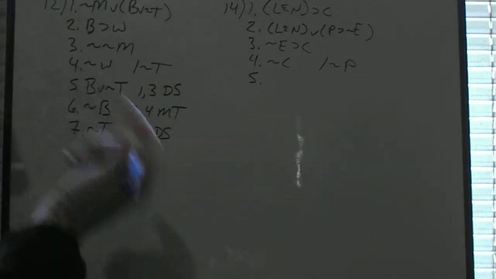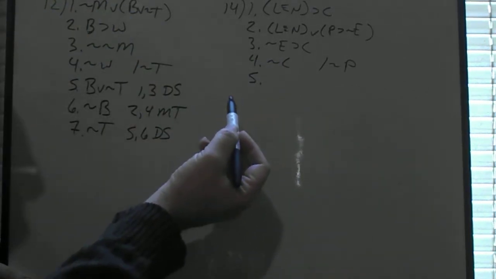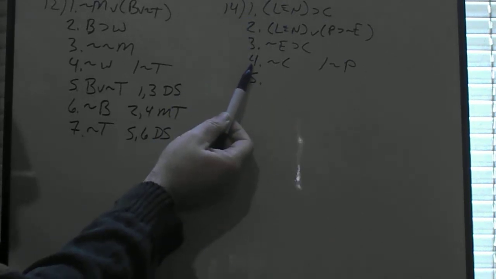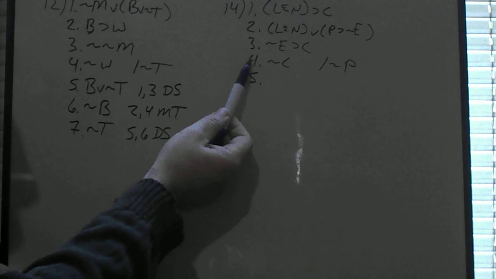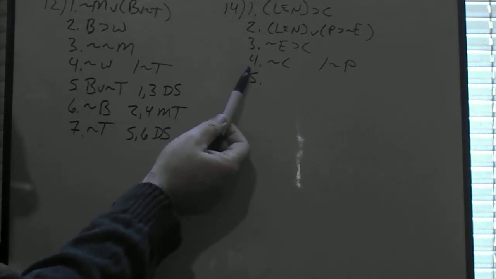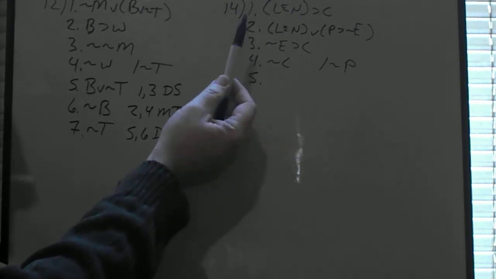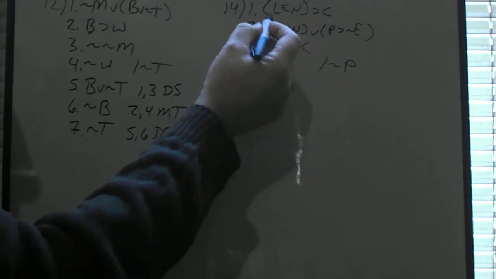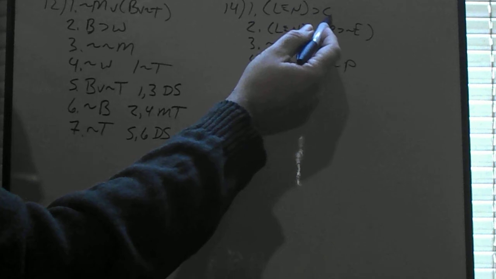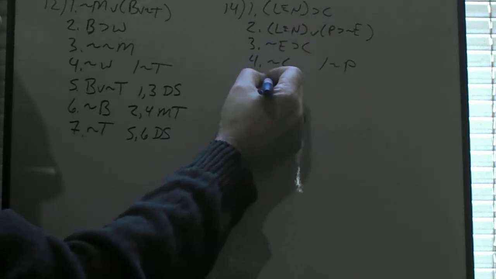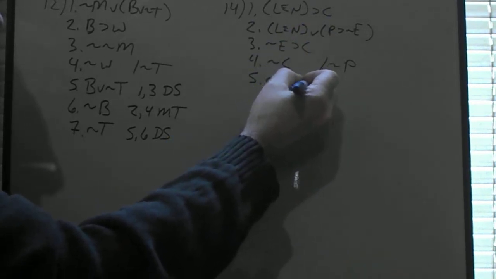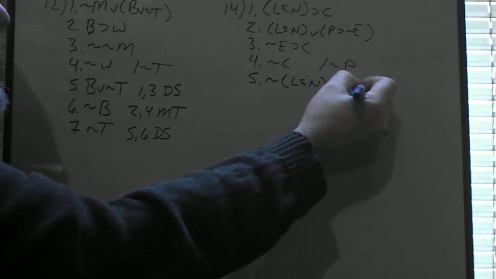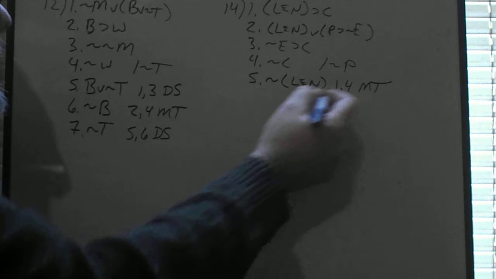All right. So looking at this one, we can see that, again, there's a couple things we could do. 1 and 4 would make a modus tollens. 3 and 4 would also make a modus tollens. I think we'll start with 1 and 4. So L if and only if N, then C, not C, therefore not L if and only if N. 1 and 4 modus tollens.